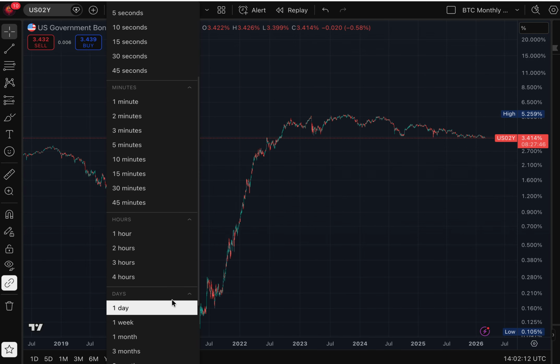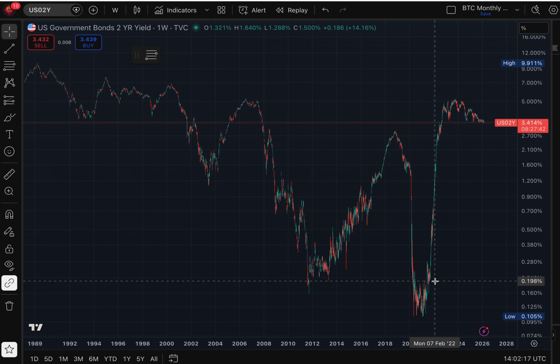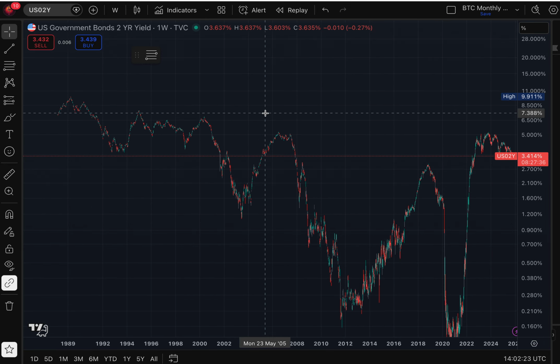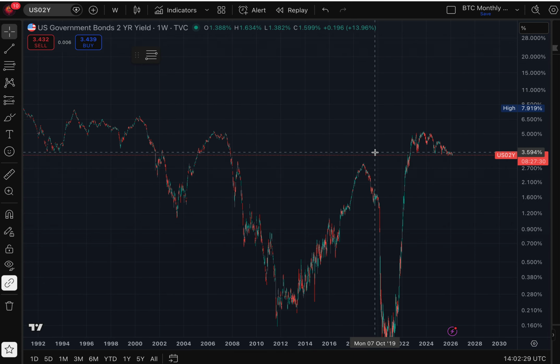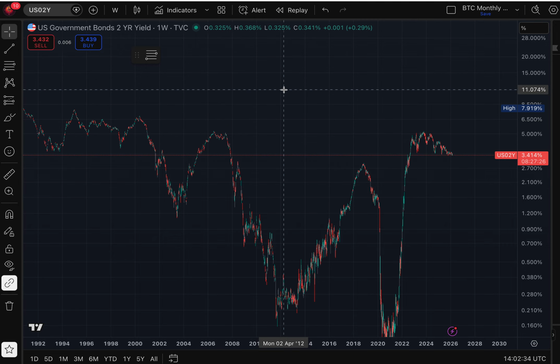Again, if we move on to the weekly chart, this absolutely flew down to 0.1%. It's crazy. Right now we're at a really all-time high area. We haven't had this since again really early 2000s.